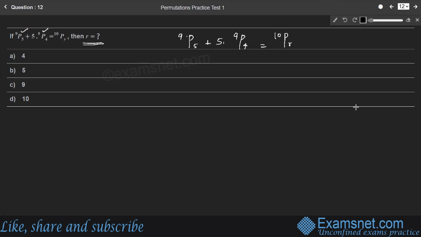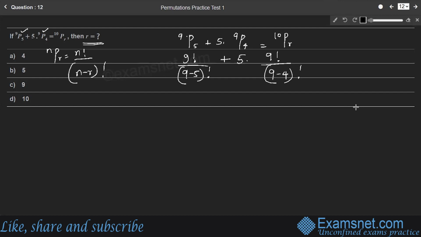9P5 means factorial 9 divided by factorial 9 minus 5, plus 5 into 9P4, which is factorial 9 by factorial 9 minus 4, since nPr is equal to factorial n by factorial n minus r. We are using this formula.